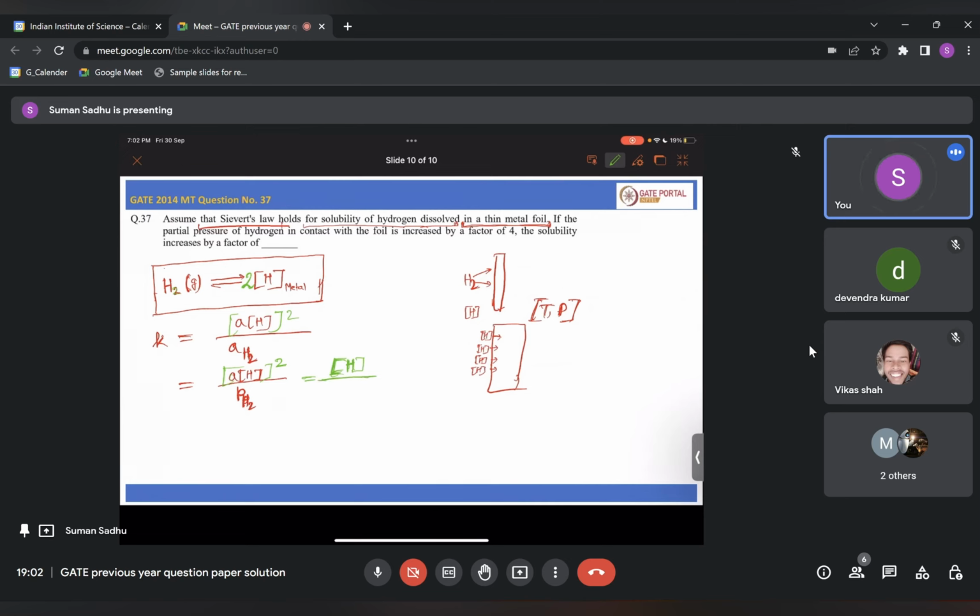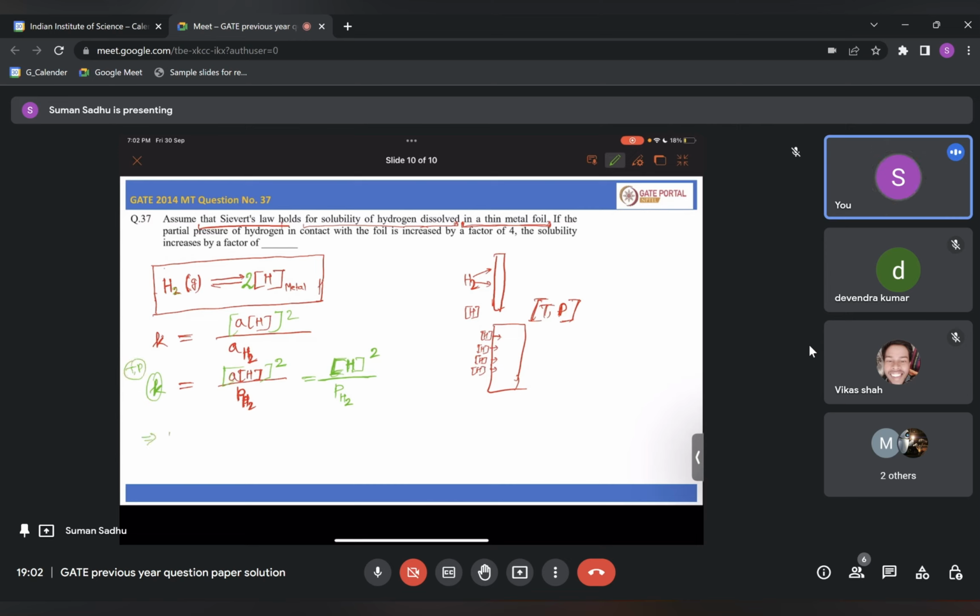It mostly follows Henry's law in the dilute range. It will be the partial pressure of hydrogen. This K is constant at a constant temperature and pressure, right? For a reaction, the K is constant for a constant temperature and pressure.